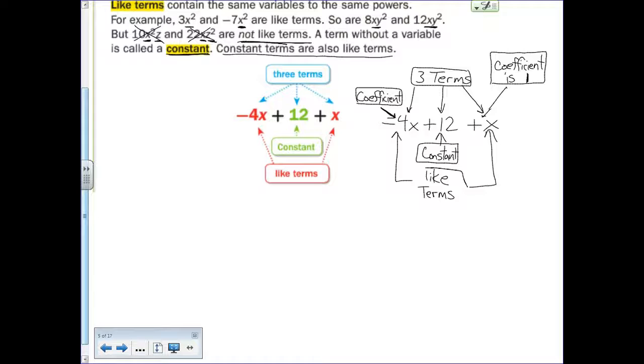And the reason they're like terms is because they both have the variable x to the first power. So make sure you have this copied down.